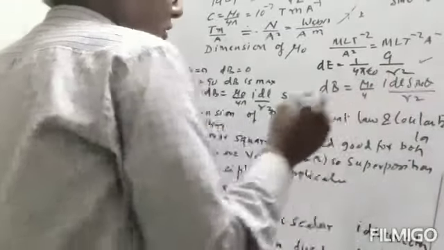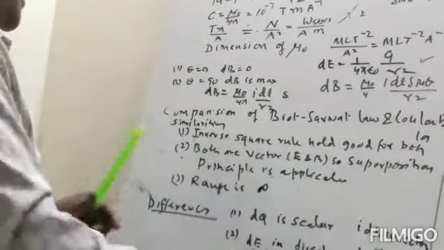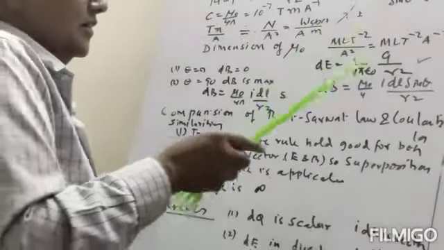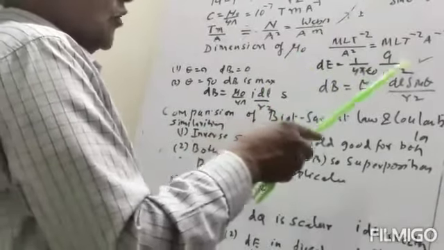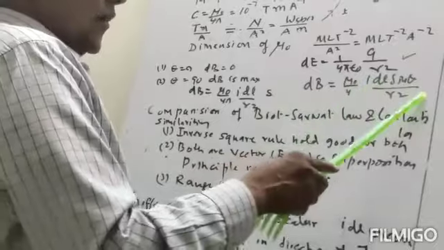So what is the comparison? This is from Coulomb's law and this is from the Biot-Savart law.